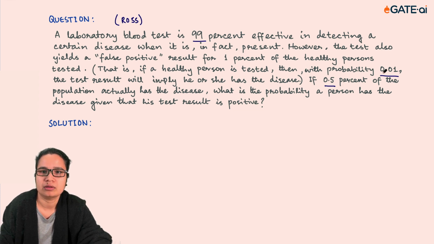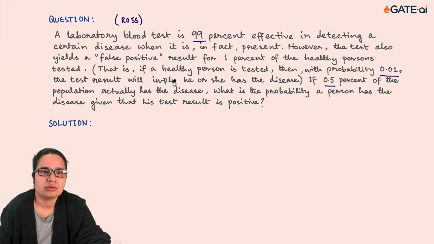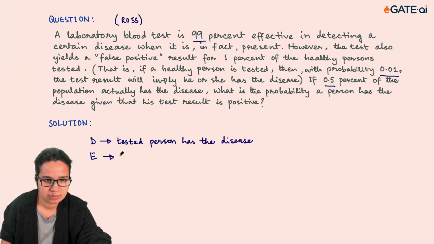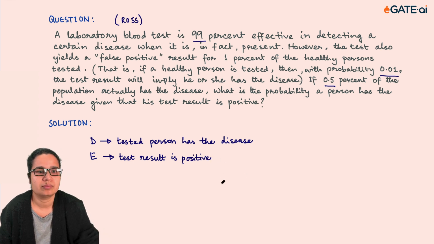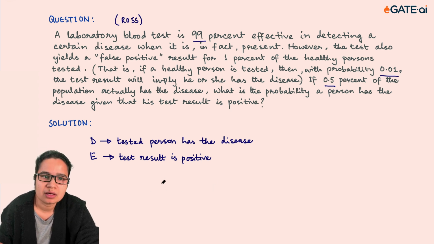With 0.01 probability, the test can imply that the person has the disease even when the person is actually healthy. So let me write that down. D is the event that the tested person has the disease, and E is the event that the test result is positive.